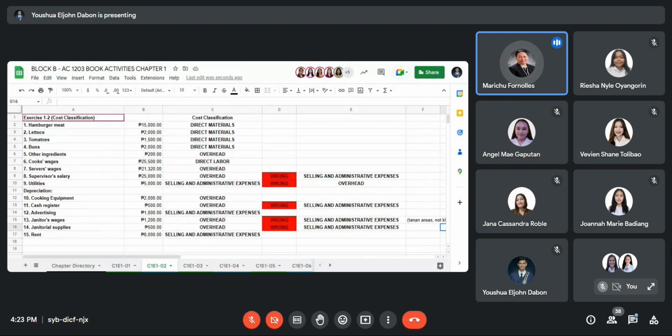Kadaghanan gyud sa mga finance managers or CPAs. Although naa say companies nga finance manager is not an accountant because of his work experience as a finance manager in other companies. That's why they are being considered for such position, no? So even if you are not a CPA, but because of your work orientation, you have been working as a finance manager, and so on and so forth, that's why you are being hired as the finance officer or the finance manager or the VP finance.